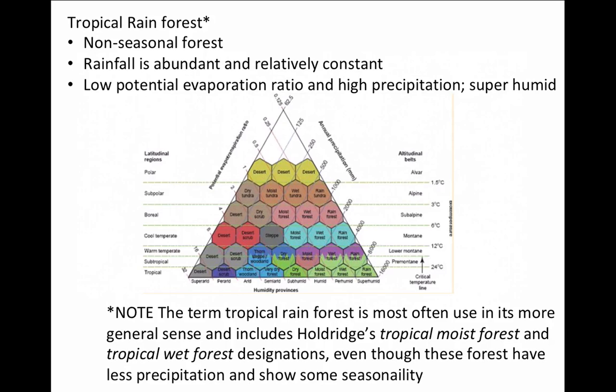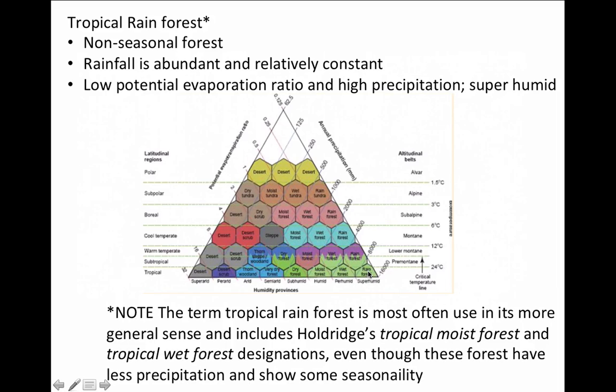And so the term tropical rainforest, the way it's used, is not exactly technically the definition that Holdridge would use. We've seen this before. So Holdridge's rainforest refers to a certain amount of precipitation and temperature and evapotranspiration ratio.